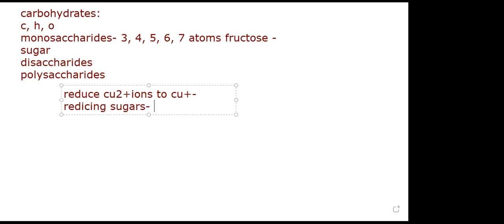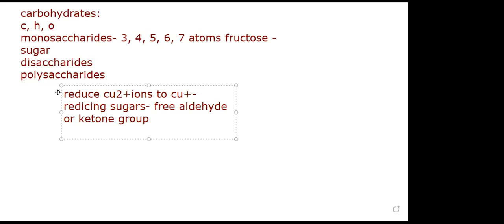To be called reducing sugars, they should have a free aldehyde or ketone group. Sucrose is one of the best reducing sugars. The sugars can be identified by a method called Benedict's reagent.